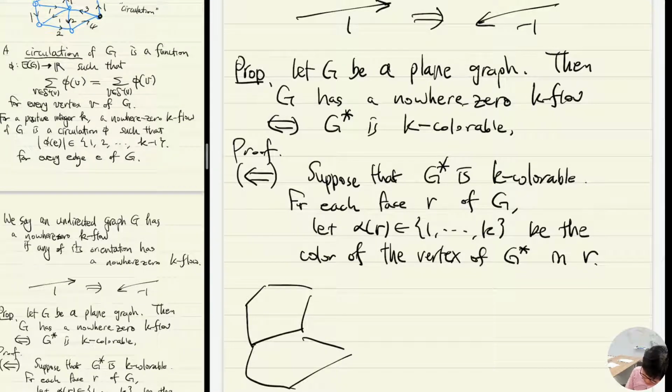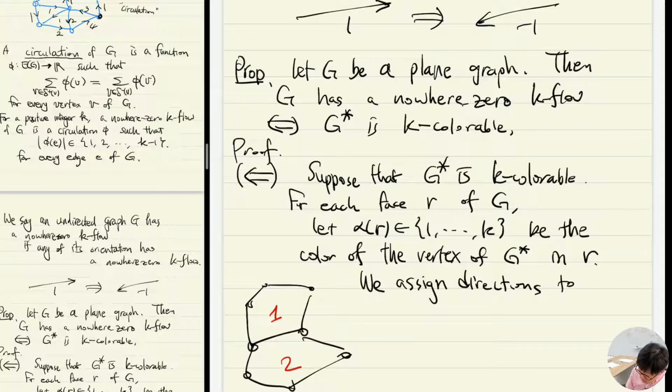Now let's say, for instance, this face has color 1, this face has color 2, etc. Now we orient the edges as we like, so we assign directions to every edge.